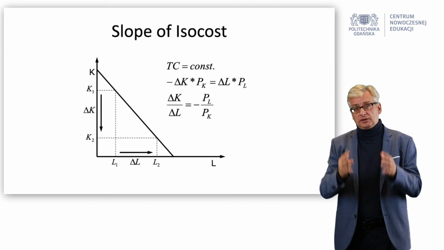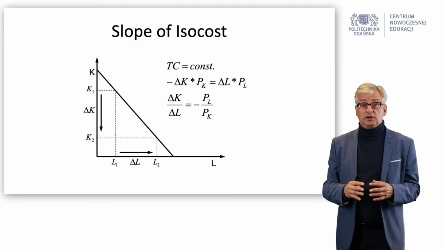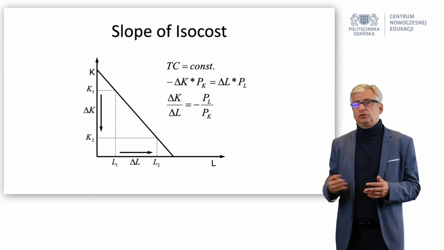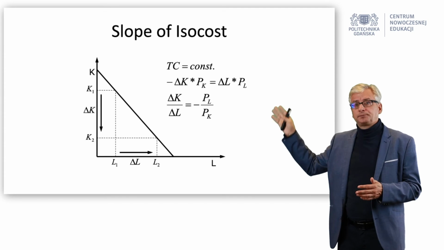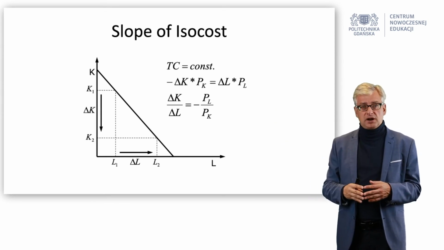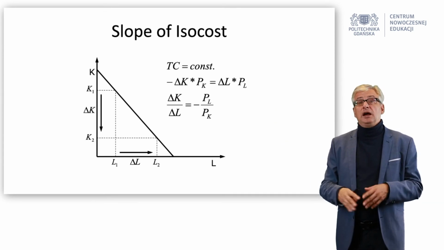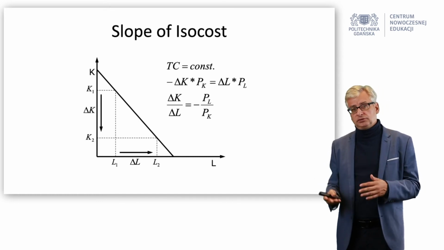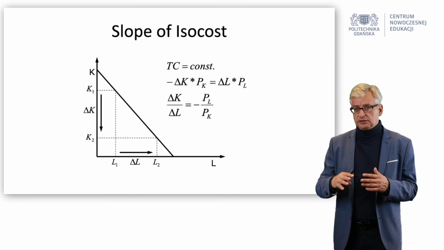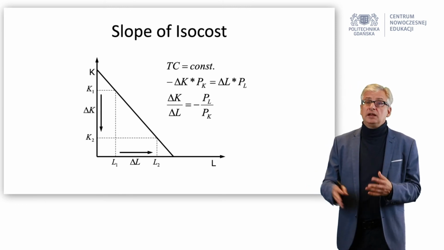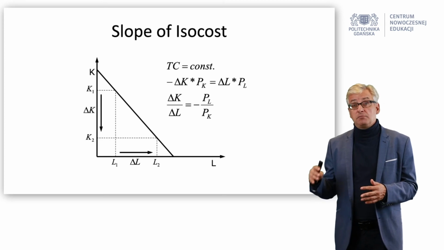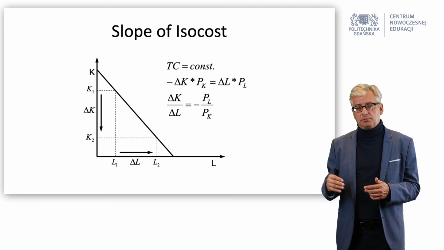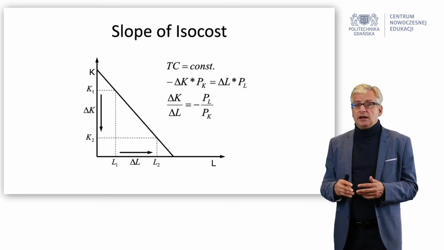So this delta K times PK, the price for capital, must be equal to the change in labor times the price of labor, right? And the slope is the change in capital to the change of labor, so that's delta K over delta L, and as you can see, this is minus the price for labor divided by the price for capital.